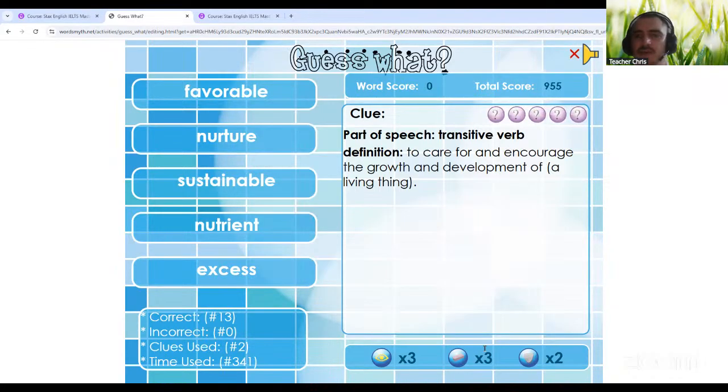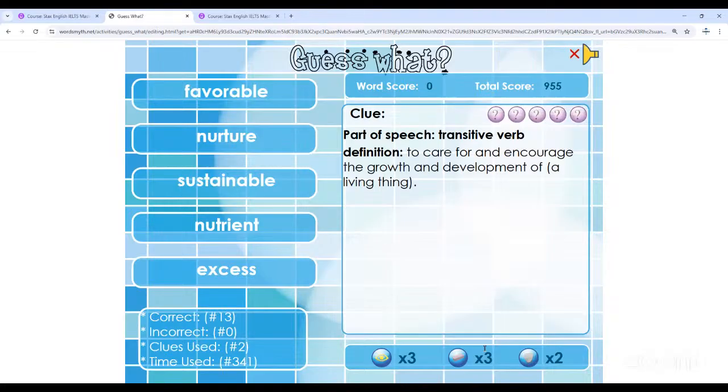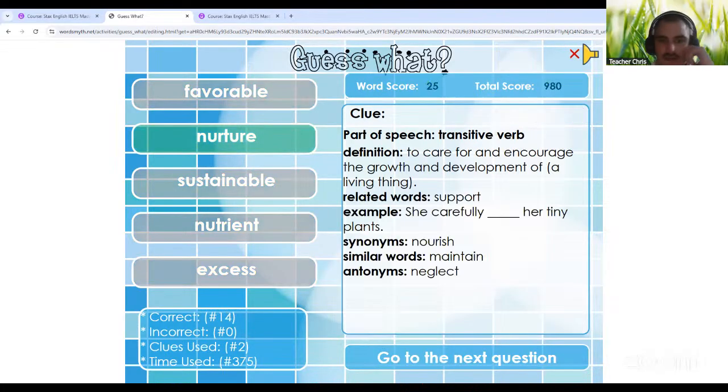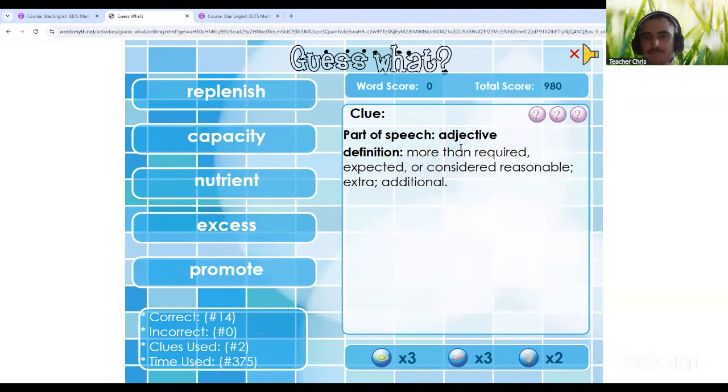This is when we care for something, like a plant or a pet or a child. Nurture. Nurture. Well done, Fuang. Yeah. So to nurture something is to basically just to encourage it to grow, to develop, to get better. Okay. We nurture children, we nurture plants.